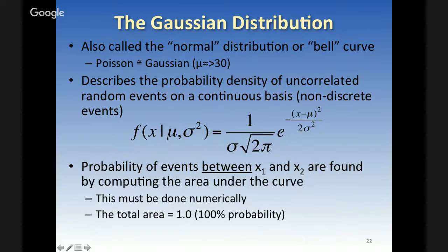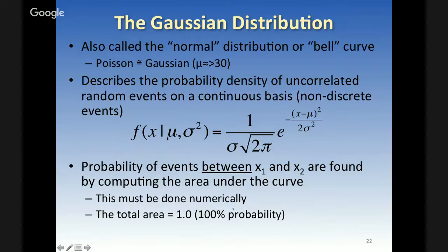One thing you have to understand about the Gaussian distribution that's very different from the Poisson distribution is that you can't take the value off of the Gaussian distribution to determine the probability of one single event. Because this is a continuous curve, you always have to find the probability of events between 2 extremes. I call them x1 and x2 here. But you calculate the area under the curve.